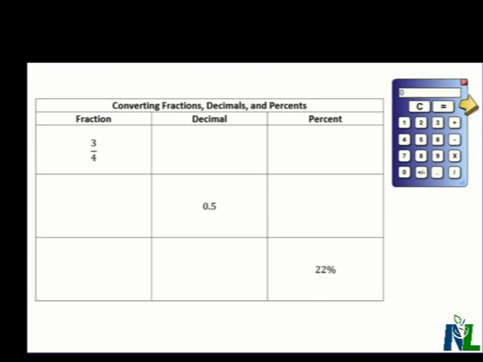In general, to change from a fraction into a decimal, we can use division. To go from a decimal to a percentage, we can multiply by 100, which has the effect of moving two decimal places right.